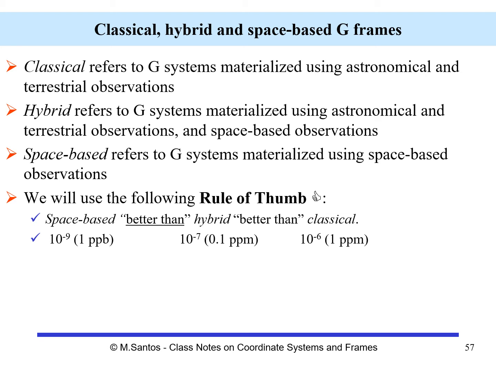And I'm going to use this rule of thumb, which is space-based G-frames are better than hybrid G-frames and are better than classical G-frames. You know, G-frame, G-system, the letter G I'm using to represent geodetic.